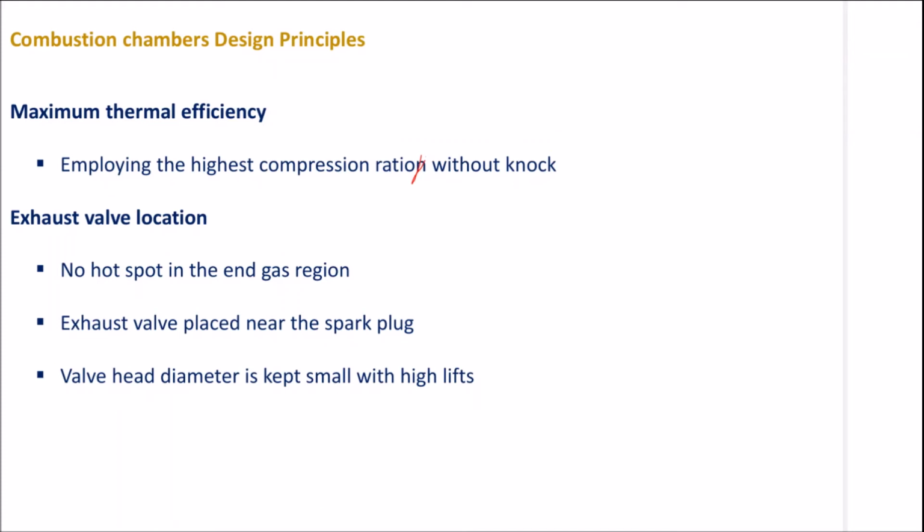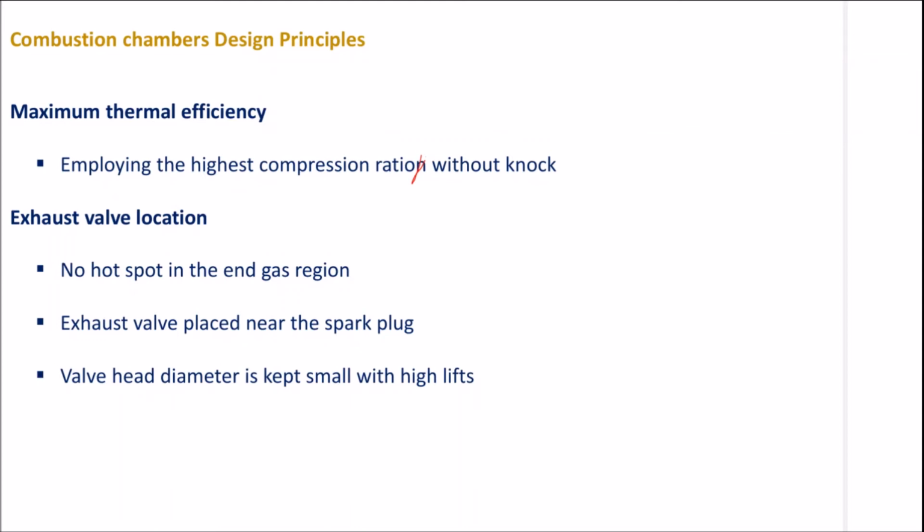Clear? Second point is the exhaust valve should be placed near the spark plug, because if the heat loss from the spark plug is more, then the flame will not be sustainable. Okay. One is valve head diameter is kept small with high lifts.